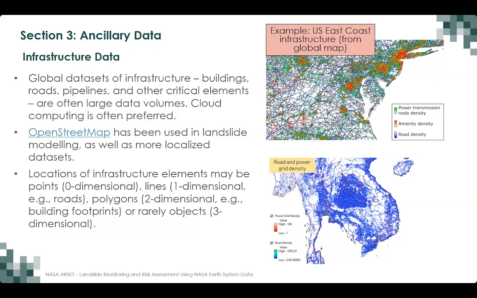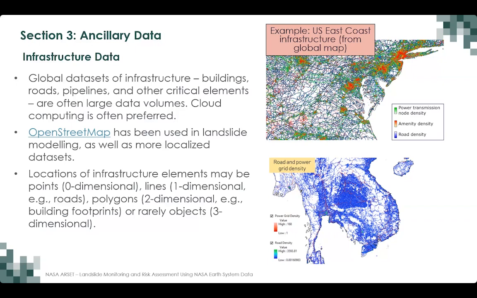Each of those types of data would have a different volume of data involved, and certainly would change the file size characterization, but also the way in which that would be used with landsliding data sets would be important to consider. For example, for 2-dimensional polygons, you might have the building footprint available at very high resolution.